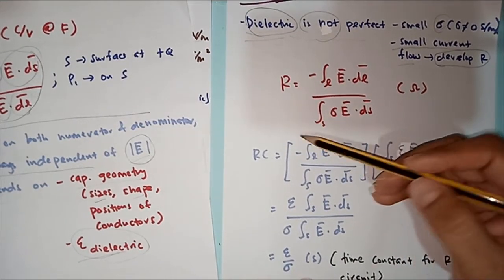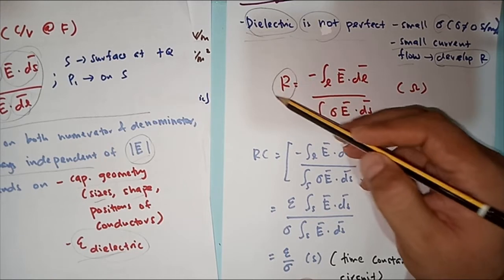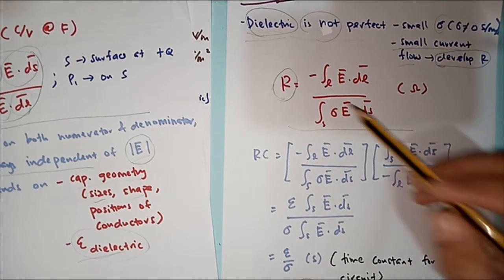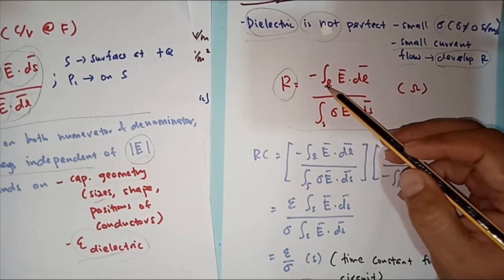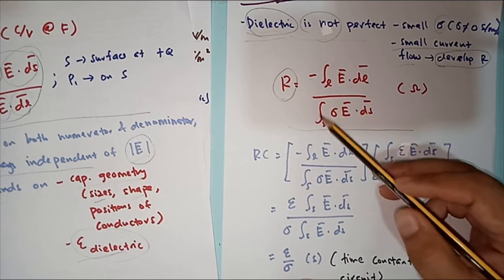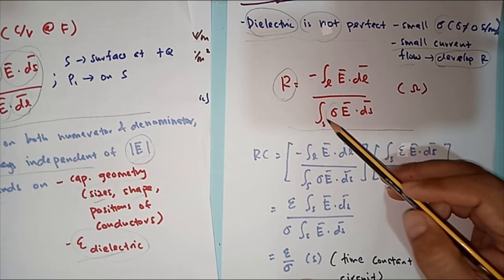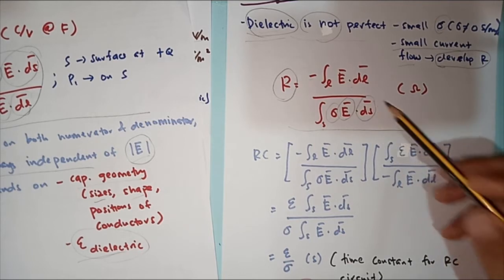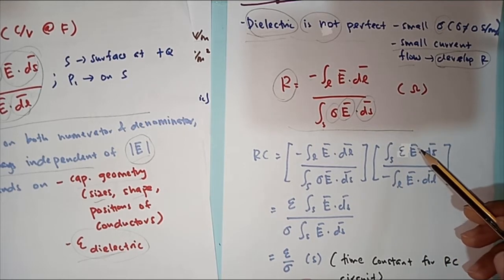As we have derived before, the expression that represents our resistance is equal to this equation: minus the line integration of vector E dot dl, divided by the surface integration of conductivity multiplied by vector E and multiplied by the vector of surface.